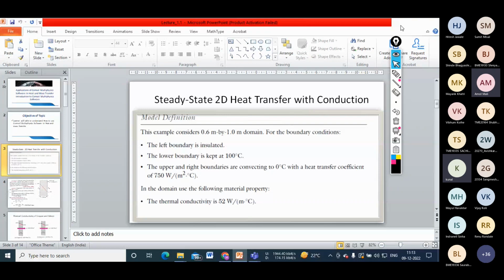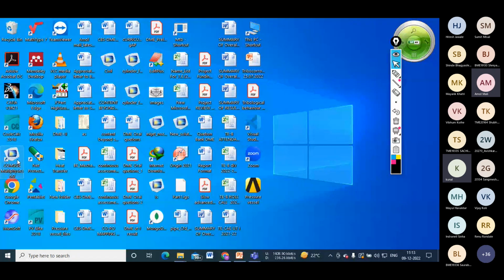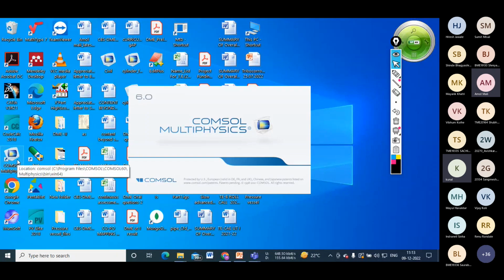For that purpose, you have to open the COMSOL Multiphysics software. I have already downloaded it. It will take some time to open; that depends on the RAM of your PC.